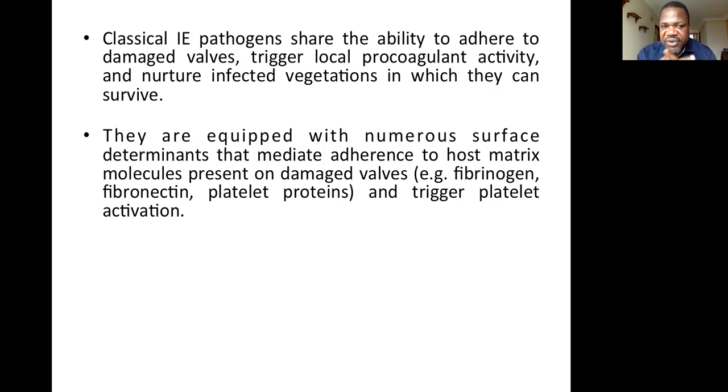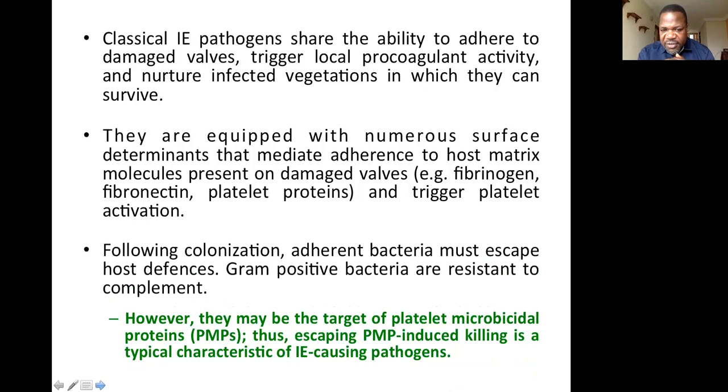They are equipped with numerous surface determinants that mediate adherence to host matrix molecules present on the damaged valve, like fibrinogen, fibronectin, and platelet proteins. So they trigger platelet activation, and you will see that the valve will keep growing.